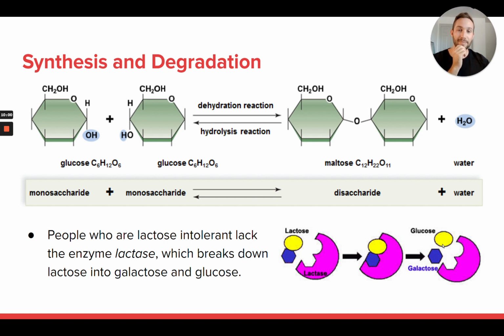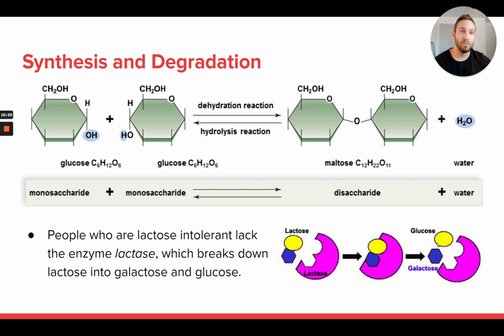And so what's interesting is just to connect this to things that you might have heard about. For example, it's very common for people to be lactose intolerant. If you're lactose intolerant, it's because your body is not creating a lot of this enzyme that's responsible for breaking down lactose into these digestible sugars.